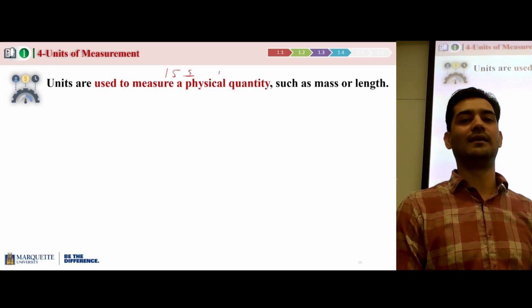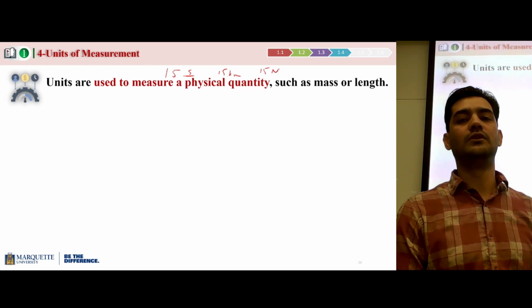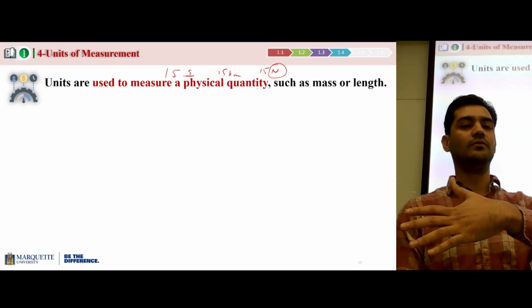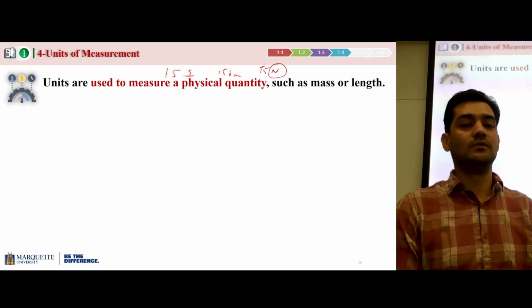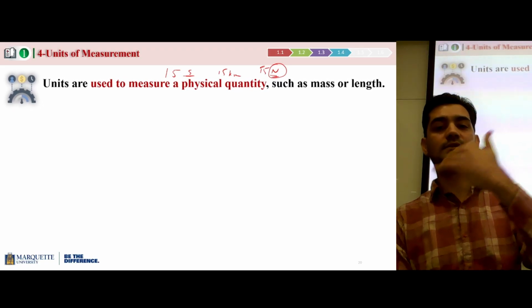For example, 15 seconds, or 15 kilometers, or 15 Newtons if it's force. So you need something with that numerical value to know what that thing is. That thing which you put with the numeric value is called a unit.